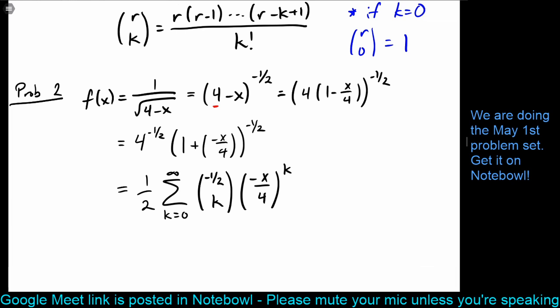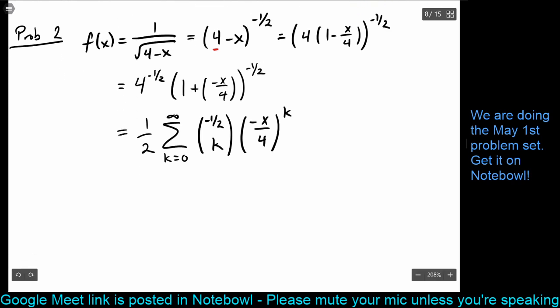And that's a series. Right, you'll probably want to make this look a little bit better. So say minus 1/2 choose k. Here, this will look better as negative 1 to the k, x to the k up top.